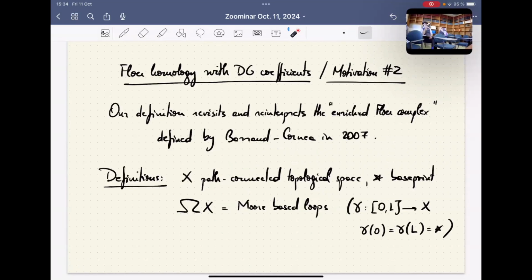I should have written here Morse homology rather than Floer. And this is Morse homology with DG coefficients. And motivation number 2: whatever I will talk about revisits and reinterprets a construction of Jean-François Barraud and Cornea in 2007.